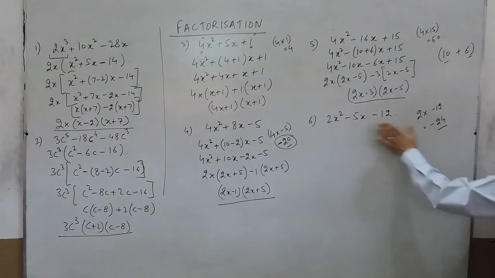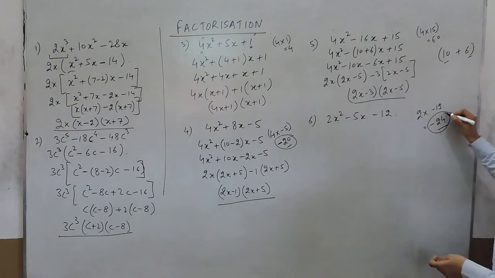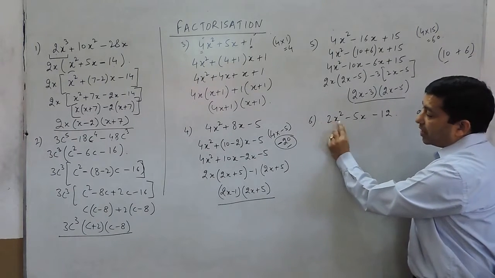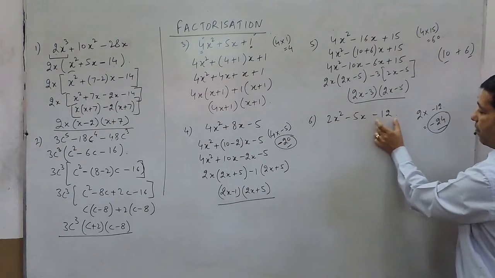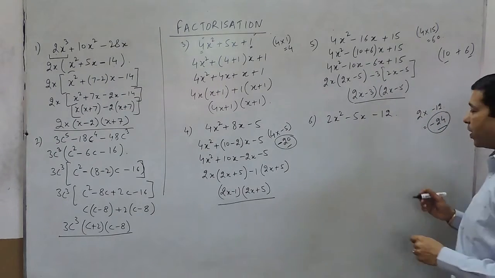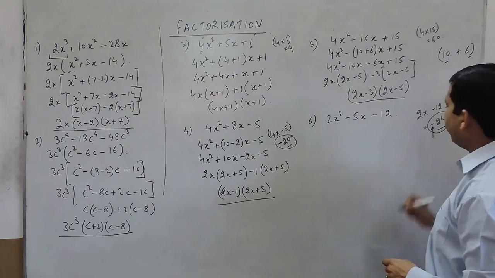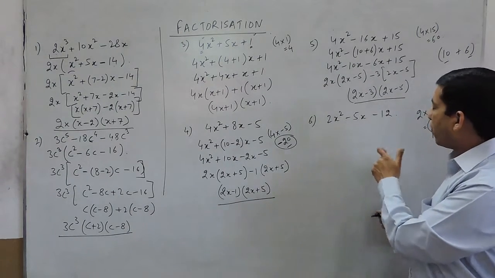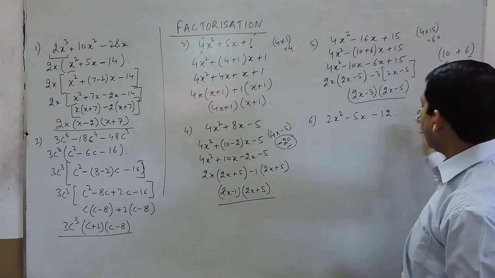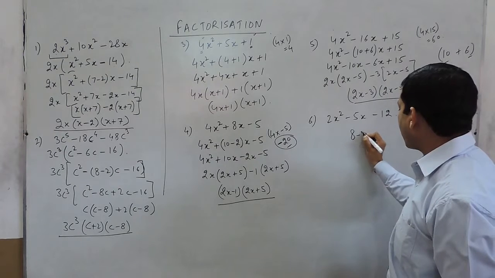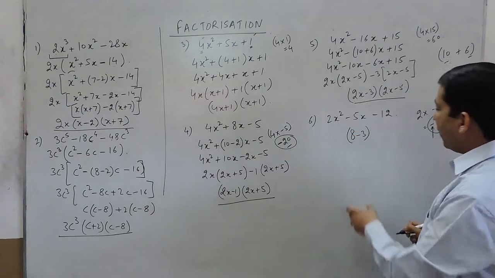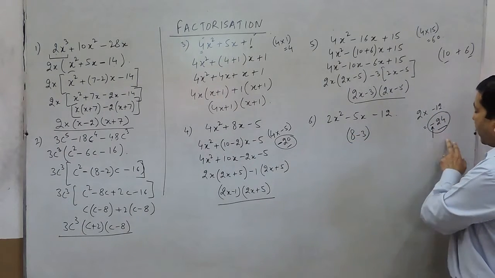Here in this question, we can understand that the multiplication should be the coefficient of x square and the constant term. It is 2 and minus 12, so it comes out to minus 24. As the sign is negative, it means the middle term should be broken into two parts where the difference is 5. And the difference is 5 for two terms 8 and 3, where the multiplication will become 24.